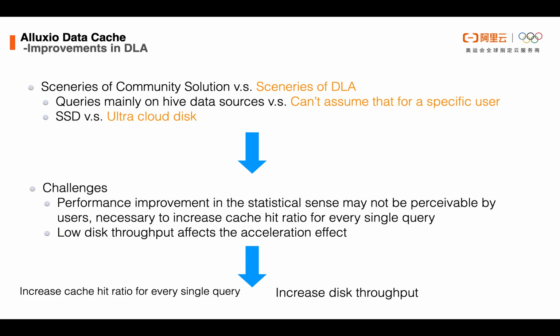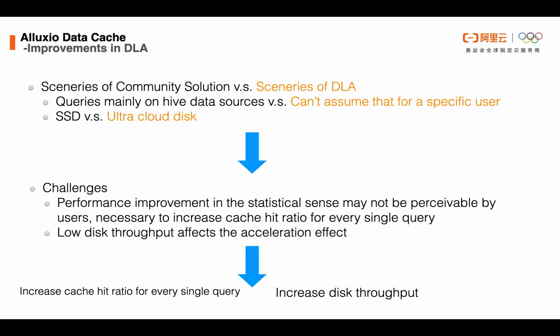In DLA, we have different users with different scenarios, so for a specific user, we can't assume that the queries are mainly on Hive data sources. Maybe the user queries a lot on MySQL, but only a few queries on OSS.